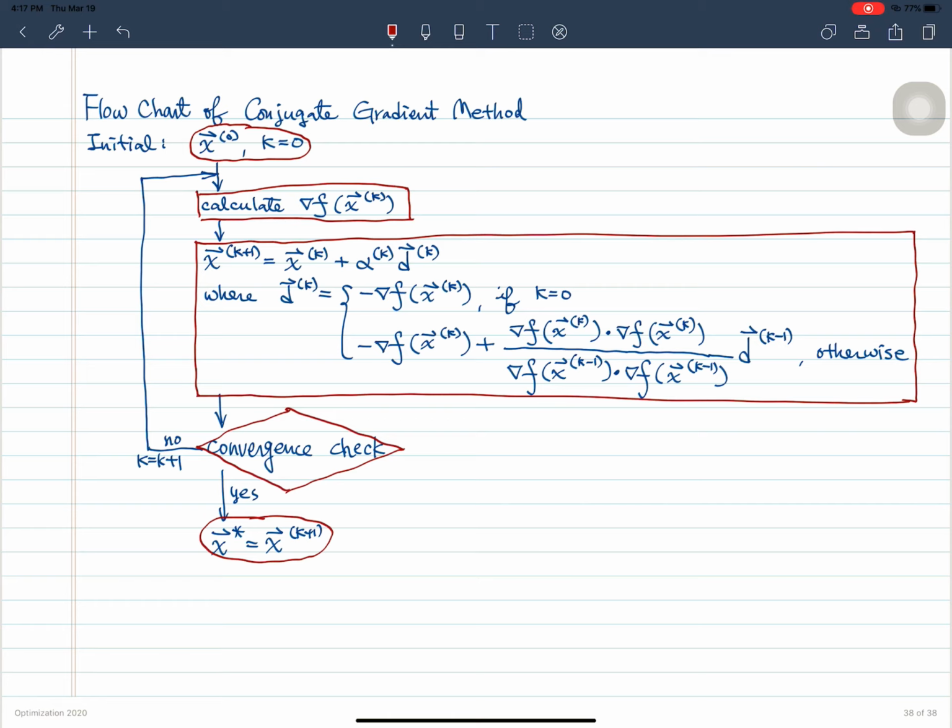Well, first, make your drawing nicer. Right? Okay. Now we have the flowchart.